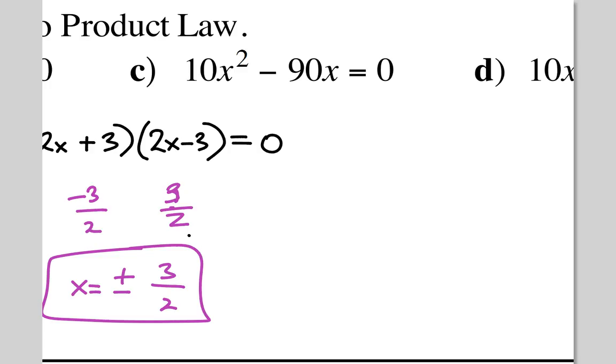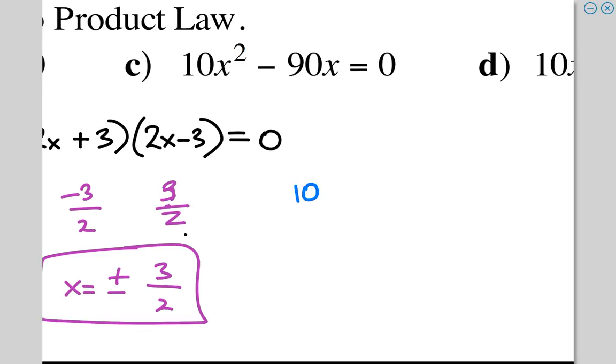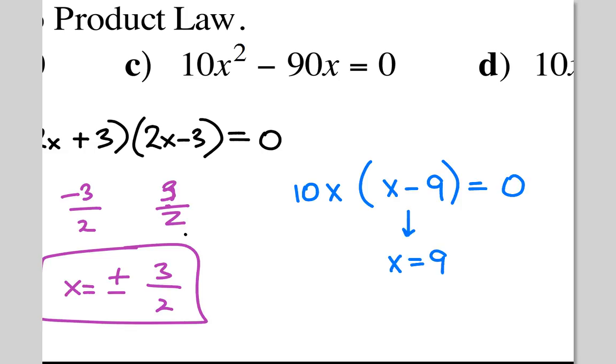So this next one has a GCF. What is it? 10x. Take it out, you get x minus 9. The second one's very easy. What is it? 9. Now this first one, whenever you have a monomial, because the binomials are quite easy, it's just the opposite.